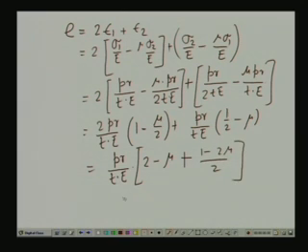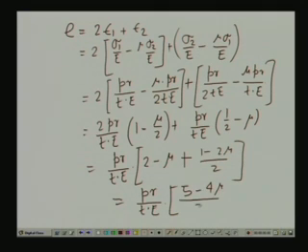So, this is equal to Pr by TE times (2 to 4 plus 1 5). So, 5 minus 2 to 4, 4 mu by 2, and this is the expression which we have obtained: Pr by TE times (5 minus 4 mu by 2), or Pr by 2TE (5 minus 4 mu).